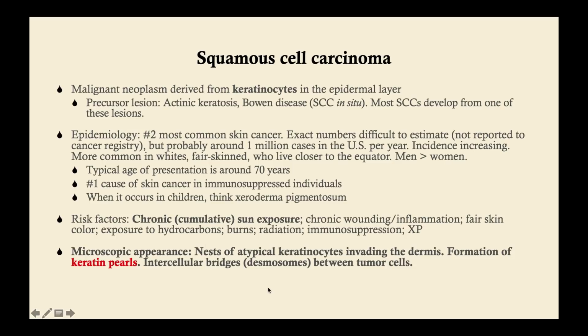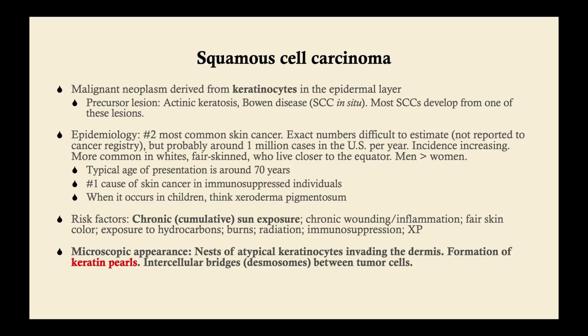As far as the microscopic appearance of squamous cell carcinoma, if you're given this on the USMLE, it's going to be really obvious. There are two big things that you're going to look for. First of all, you're going to see these keratin pearls. And keratin pearls occur in all different kinds of squamous cell carcinoma. If you have squamous cell carcinoma of the lungs, you're going to see keratin pearls.